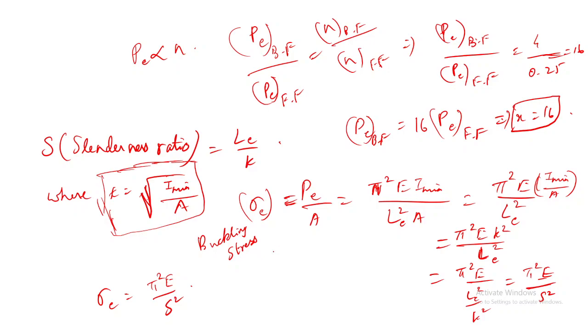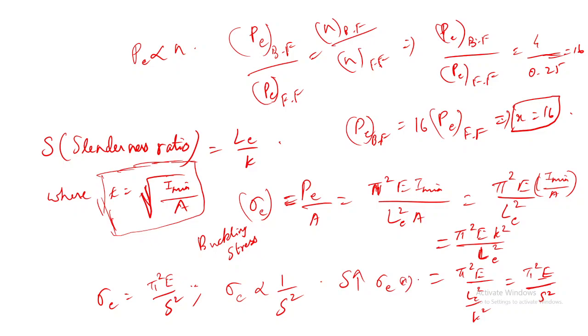Based on this, for example, if a column is given which is made of the same material and cross-sectional area, then we can write sigma_cr is inversely proportional to S square, that is 1 by S square. So if the slenderness ratio increases, what will happen to the buckling stress or the buckling load?